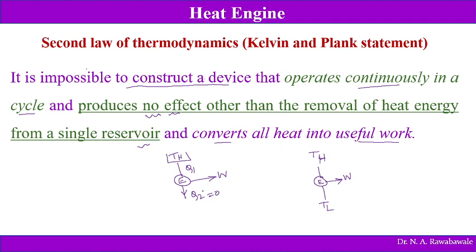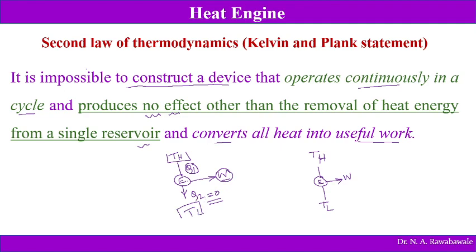So it is impossible to convert almost all the heat energy absorbed by a machine into work without rejecting heat energy. That means it is impossible to develop such a machine which will produce work without rejecting heat energy to the body at a lower temperature.